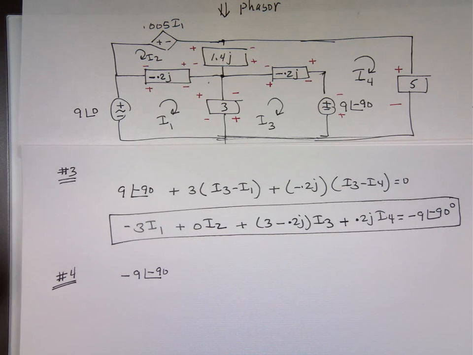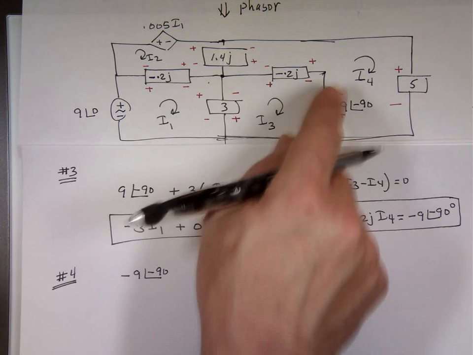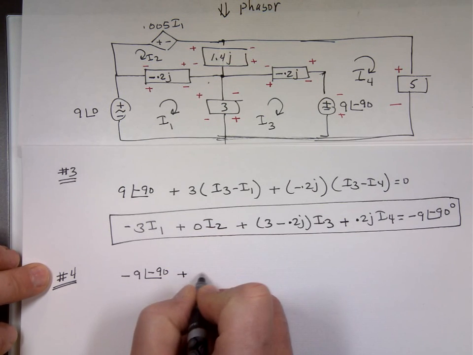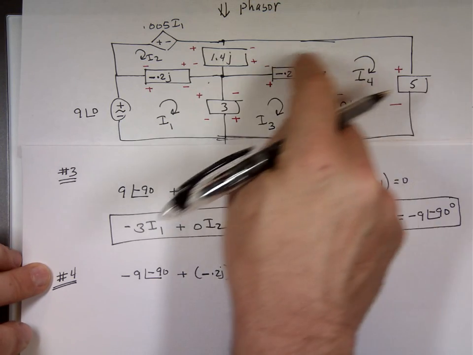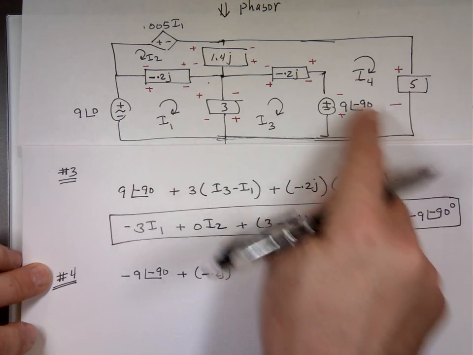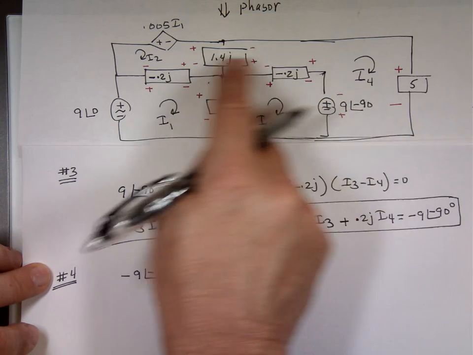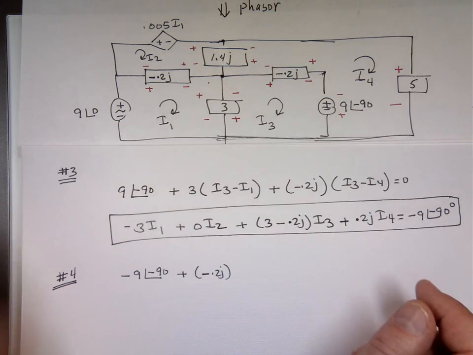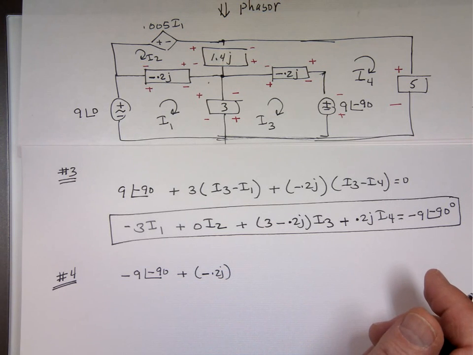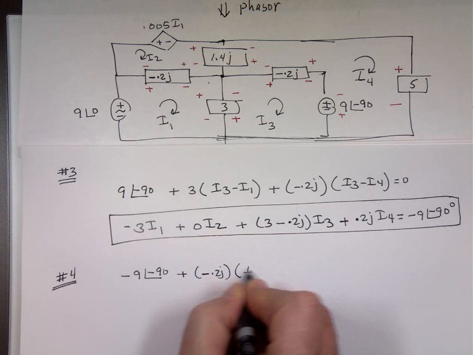Continue. Negative 0.2J. And I'm traveling this way. Notice I'm going through this loop, so I'm going to the left. What's the current to the left? Pushing this way. Is that I sub 3 minus I sub 4 minus I sub 3?